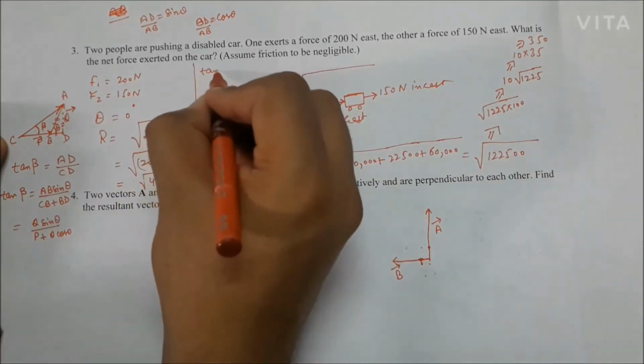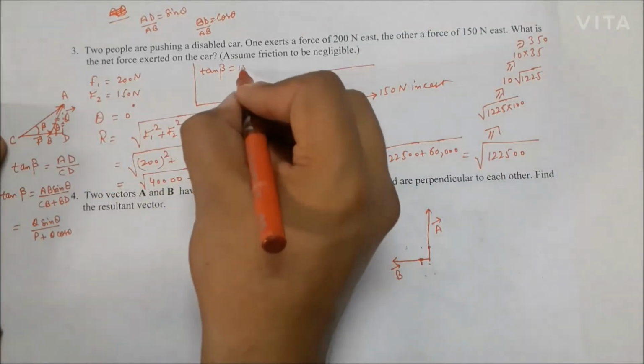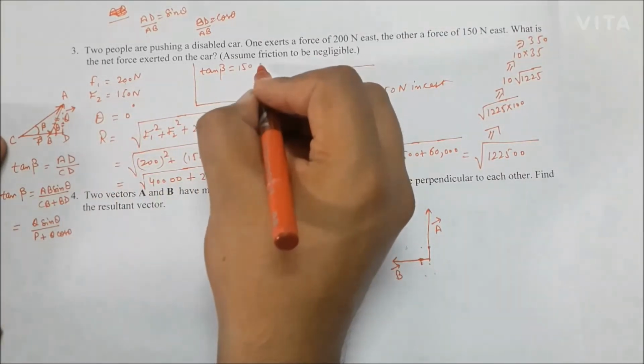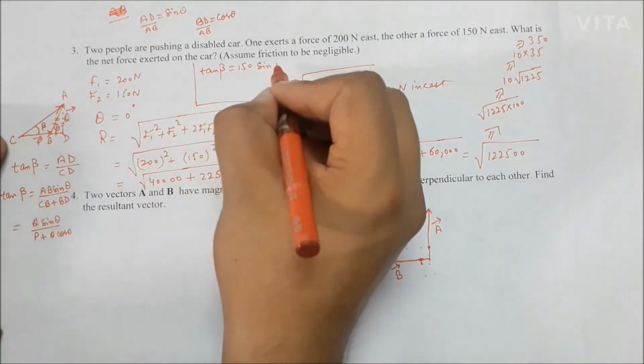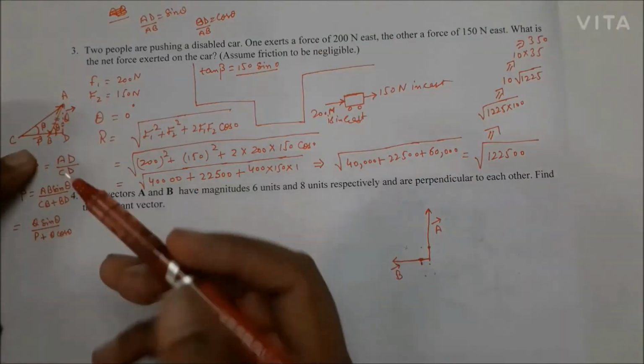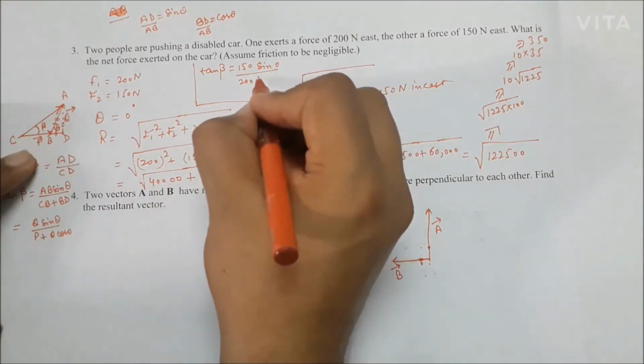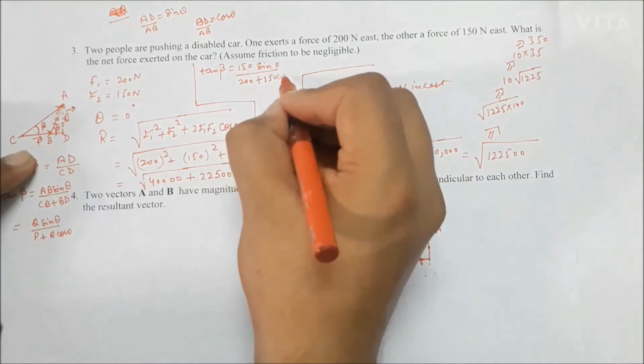So you will get tan beta is equal to, your Q is 150 sine theta. Theta is 0 and your P is 200 plus 150 cos 0.